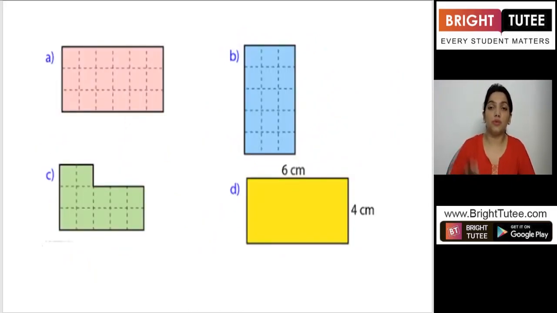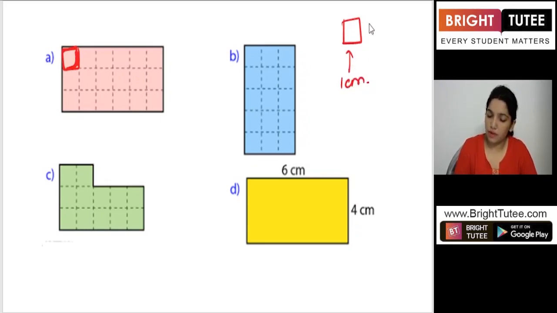Here you are going to use these blocks that you see in each of the images. Assume that each of these blocks measures 1 centimeter. Say this particular box I'm drawing here measures 1 centimeter by 1 centimeter, a square of 1 centimeter.